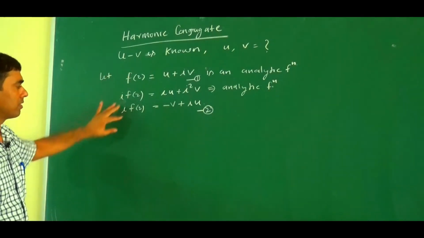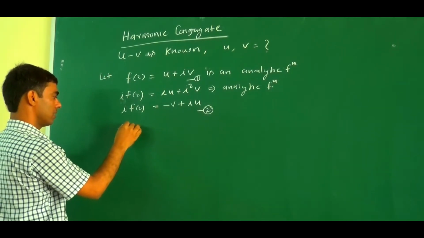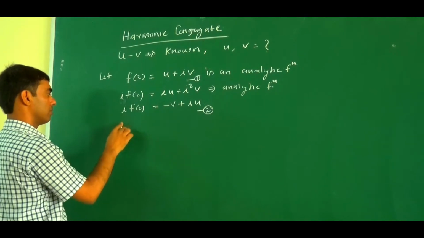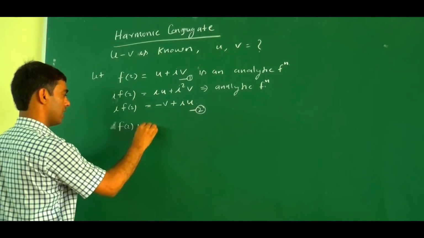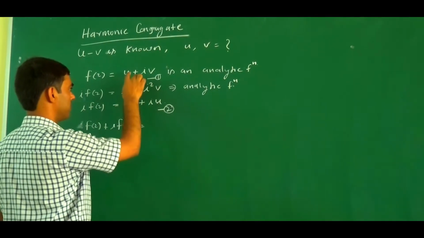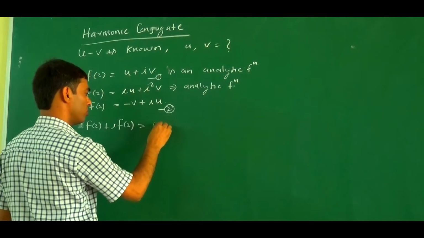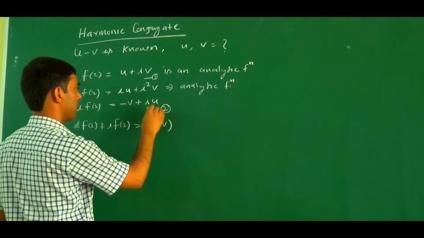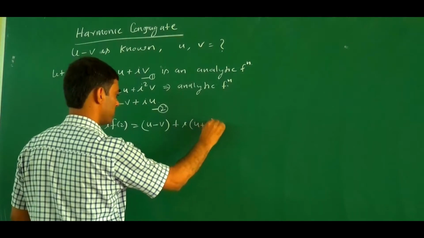If we find the sum of these two, f(z) plus i f(z), and take the sum of the real parts, this becomes u minus v plus i(u plus v).